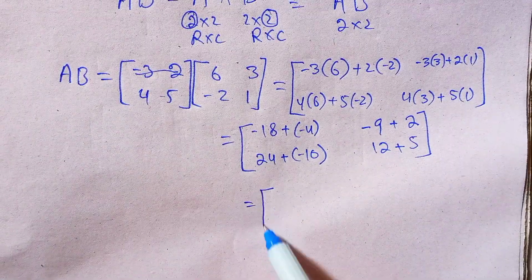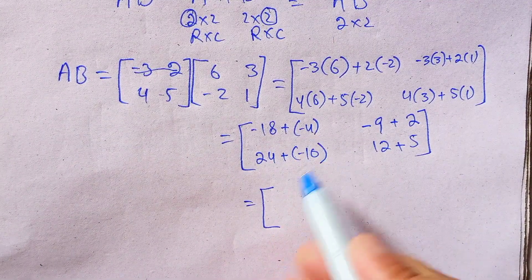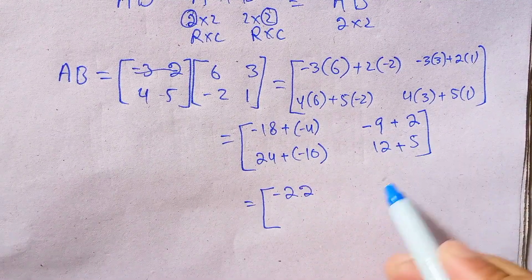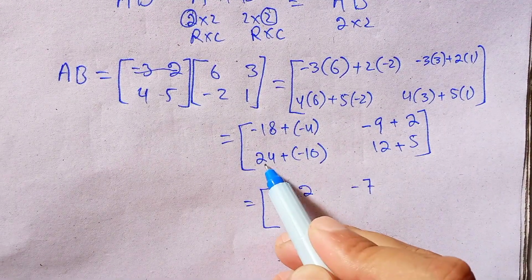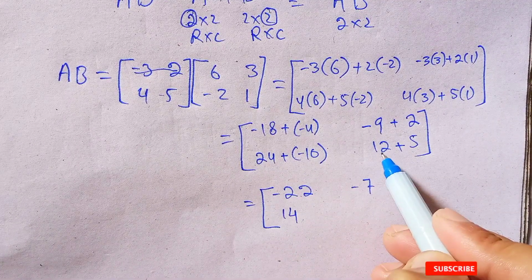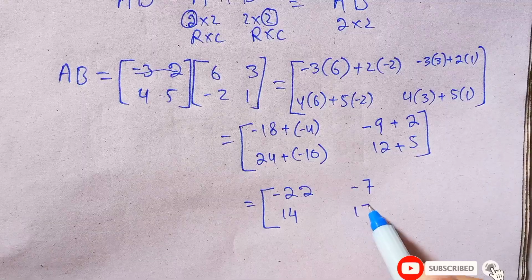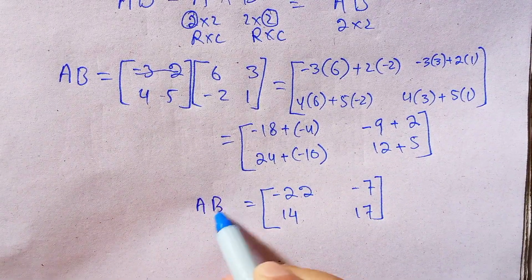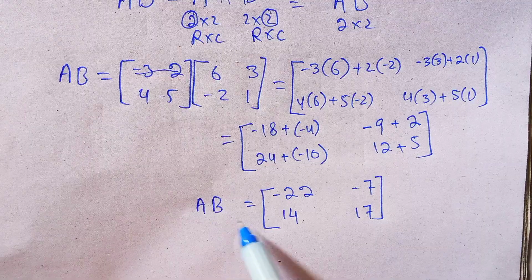So we have -18 plus -4 is -22, -9 plus 2 is -7, 24 plus -10 is 14, and 12 plus 5 is 17. So this is the matrix AB, and the order of matrix AB is 2 by 2.